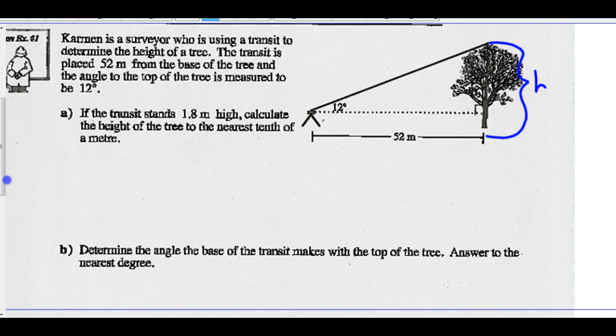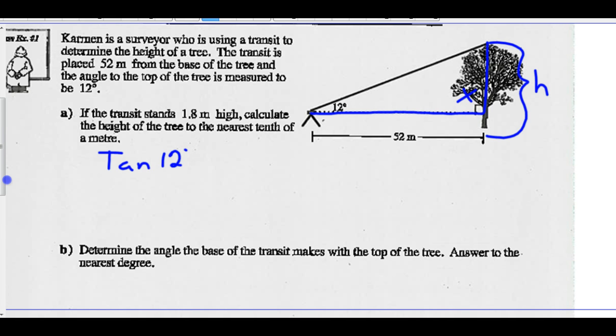However, our right angle triangle does not take into account that whole height of the tree. So we're going to label this distance x right there. From 12 degrees, I'm looking for x. I know the adjacent side is 52. The trig ratio that uses opposite and adjacent is the tangent ratio.